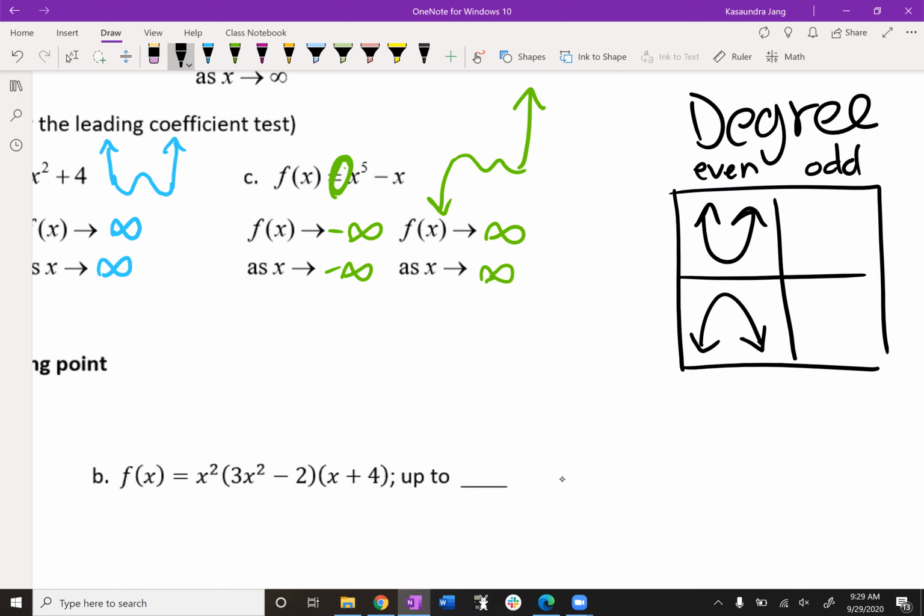If it's an odd degree, they're split. Even is both facing up if you have a positive coefficient, and both facing down if you have a negative coefficient. So this has to do with the leading coefficient.